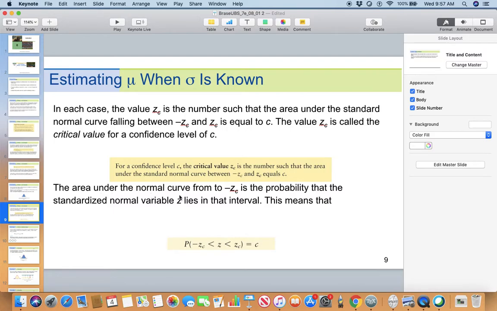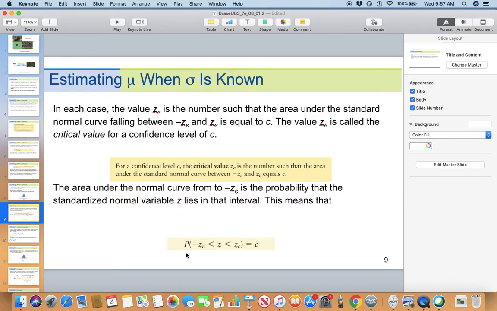The area under the normal curve from negative ZC to ZC is the probability that the standardized normal variable Z lies in that interval.